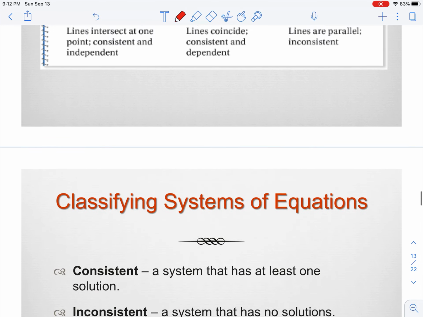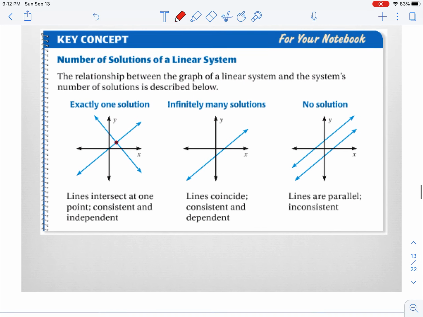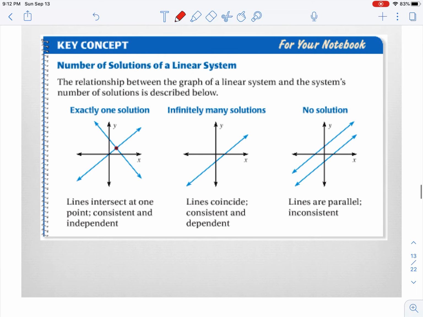Here is the last topic that we'll be visiting in this video today. It has to do with being able to describe a system of linear equations.